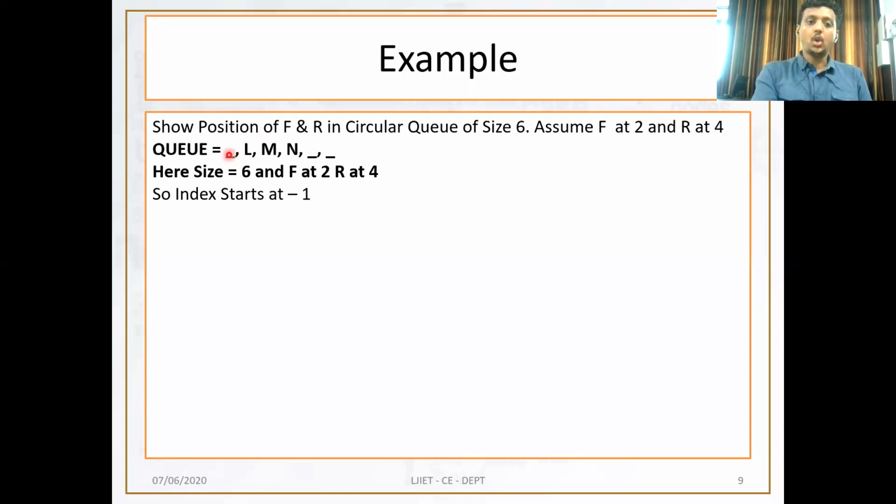According to this figure, let's see how the front and rear will point to the elements. Here we have L and here we have N. That means the front pointer should point to the first element of the queue, that is L, and the rear pointer should point to the last inserted element of the queue, which is N. So R should be here and F should be here.